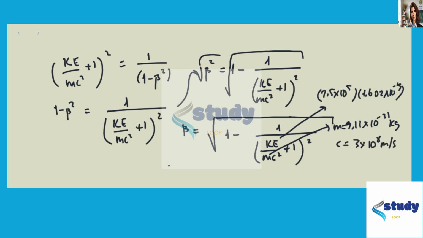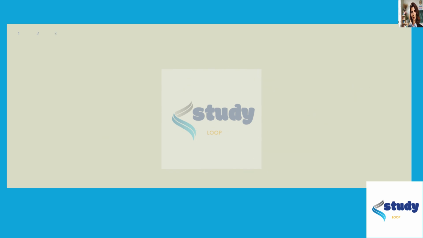So when you do the algebra, we're going to find our beta to be 0.914, which means beta equals V over C, so the speed of this electron is basically 0.914 times the speed of light.